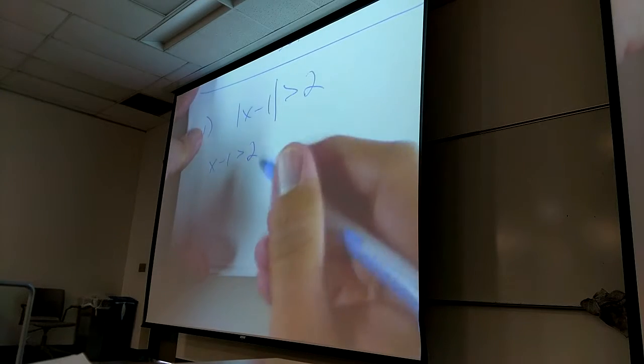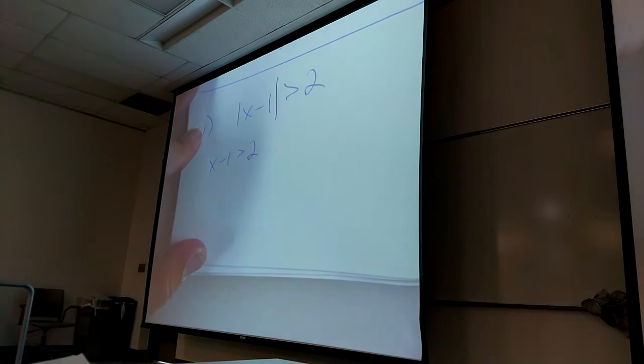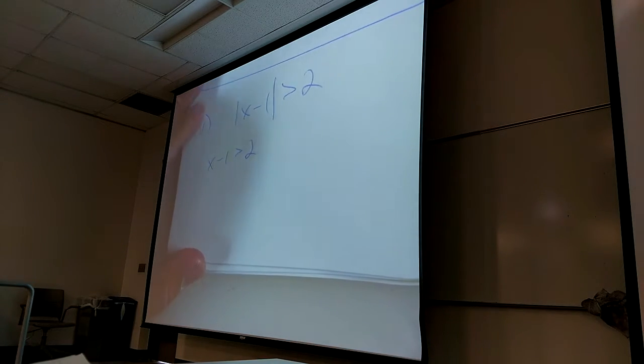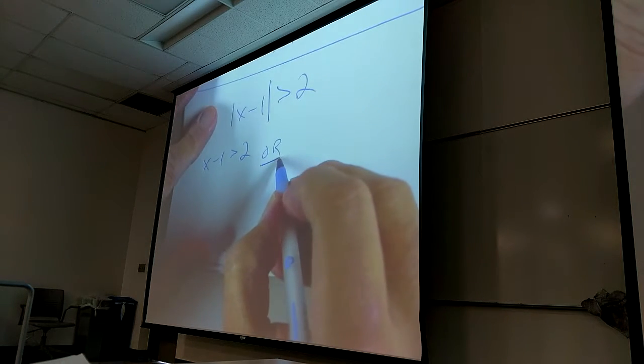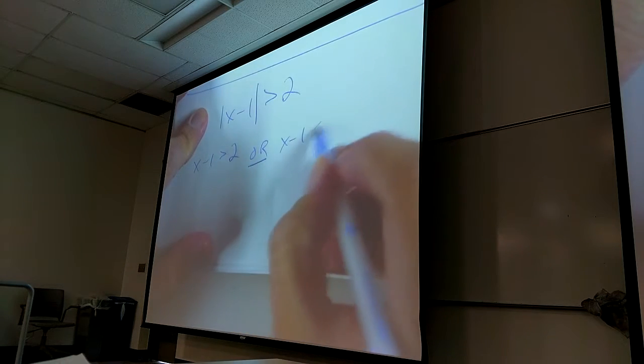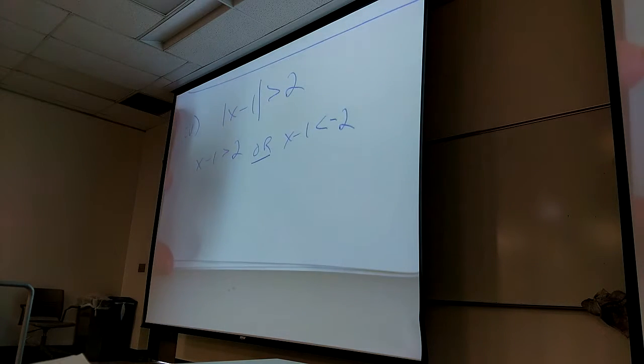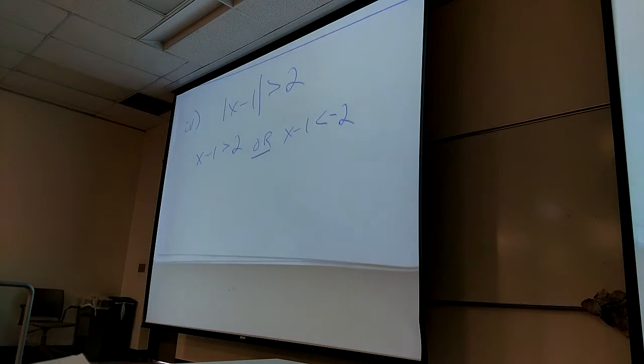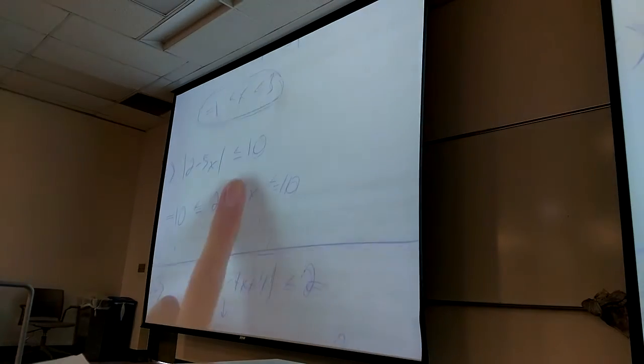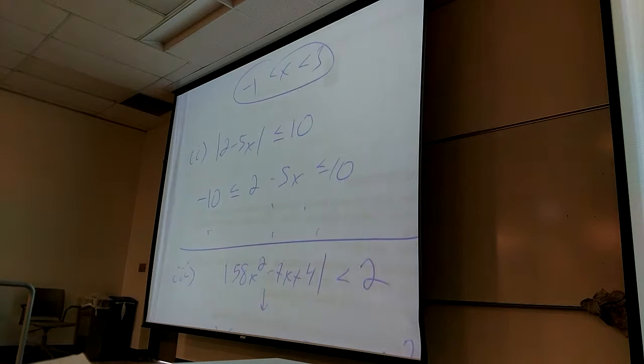If it's 7, the absolute value is 7, it's bigger than 2. Or x minus 1 is less than negative 2. That's the two cases. Why do you have to show both cases on this one? Because greater than is two separate things. Less than is contained. Greater than is not.